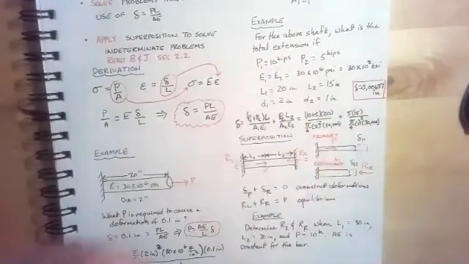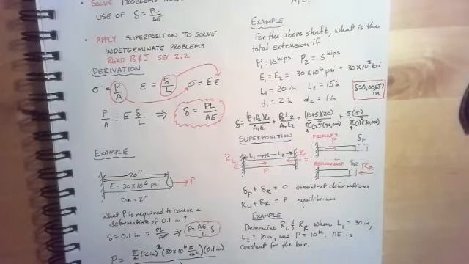Let's put some numbers to this. So for the above shaft, we want to know the total extension when P1 is 10 kips, P2 is 5 kips. We'll assume both bars are made out of the same material, which would be a steel. So we would have Young's modulus of approximately 30 times 10 to the 6th psi, or 30,000 ksi.